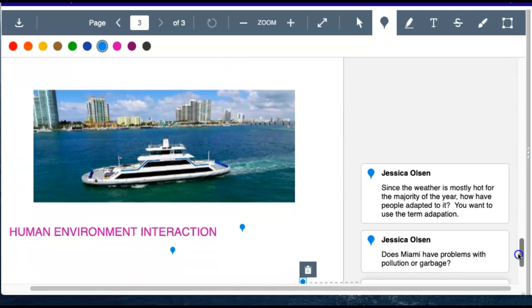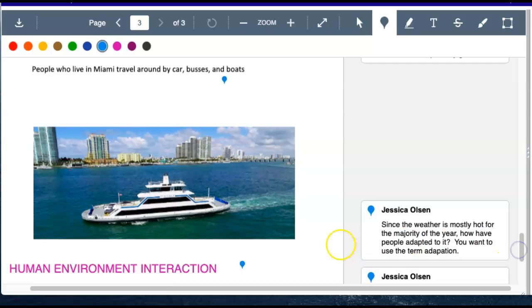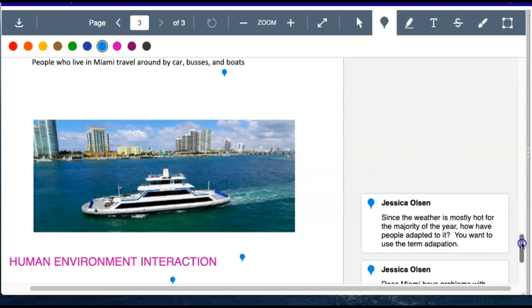Yeah. It was right next to it. I just went too fast. So you see this engineering feat right here? They have these all around Miami because otherwise they'd be having to drive around all of this water to get from place to place. So this makes it a little bit shorter for them to get to where they want to go.